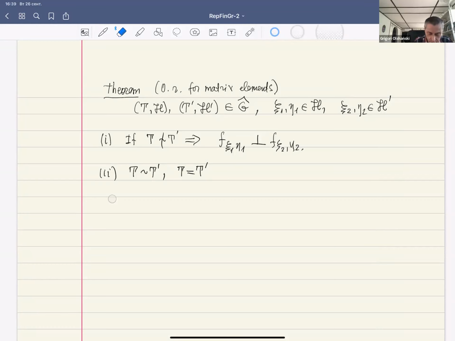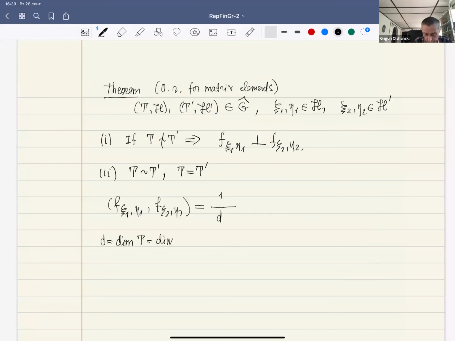We take the scalar product, and the result is as follows: a constant factor, where D is the dimension of our representation, which is the same as the dimension of the space. And next we have the following product.